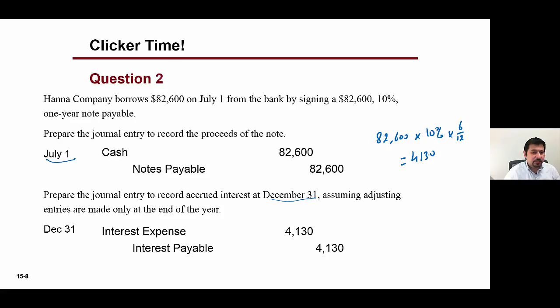But if it is paid after December 31st, the company will debit interest expense, will credit interest payable, the interest amount. An interest amount is always calculated by multiplying the face value by the interest rate and by the number of months divided by 12.